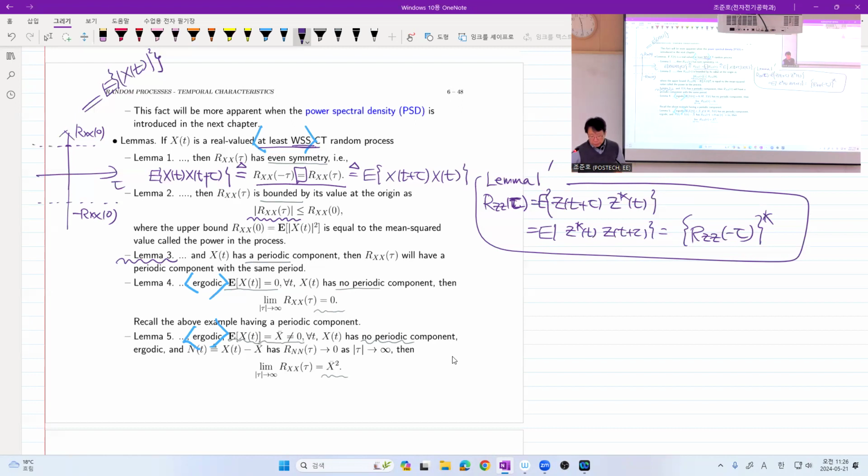So here it says, if X of t has a periodic component, then the autocorrelation function also has a periodic component. This is somewhat strange, but let's think about this case. So X of t has a periodic component.